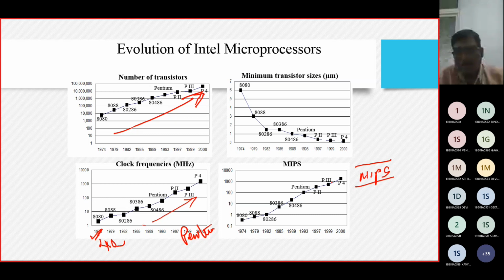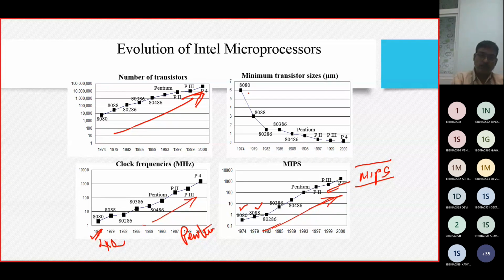This is how many instructions happen in 1 second. Similarly, right from 8008 to 8080 and to the Pentium processors, the number of instructions always increased, and the size of the chip was reduced.